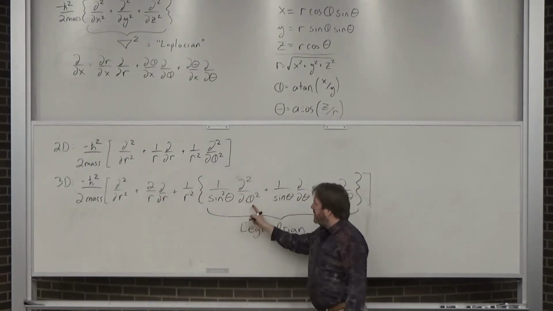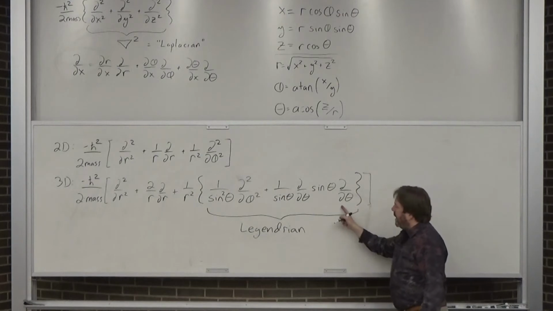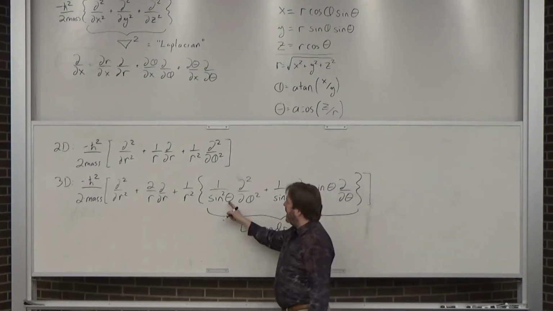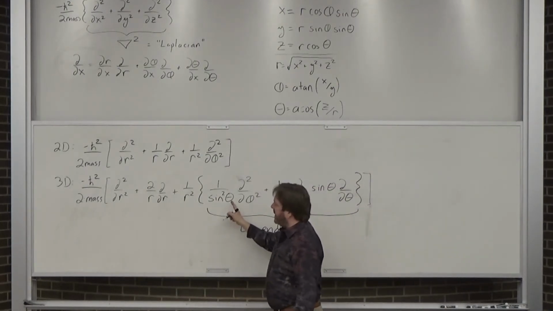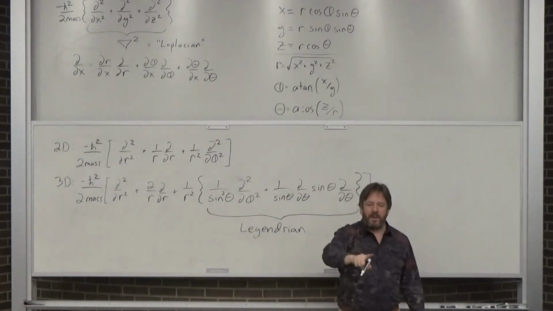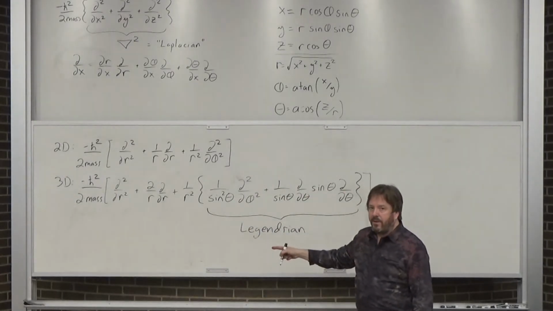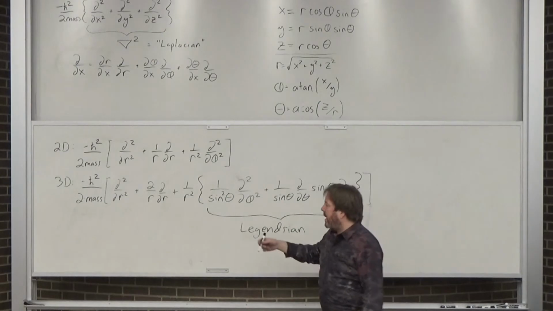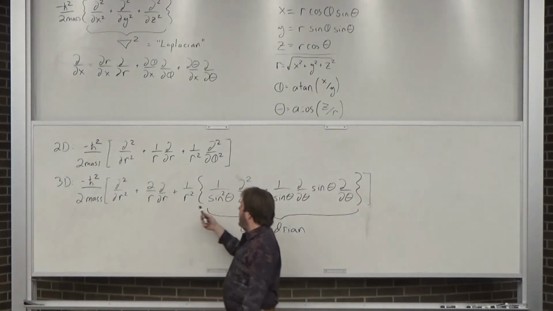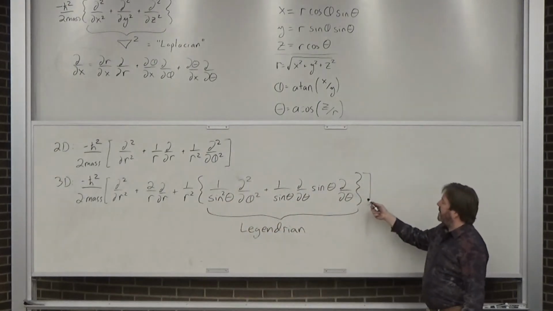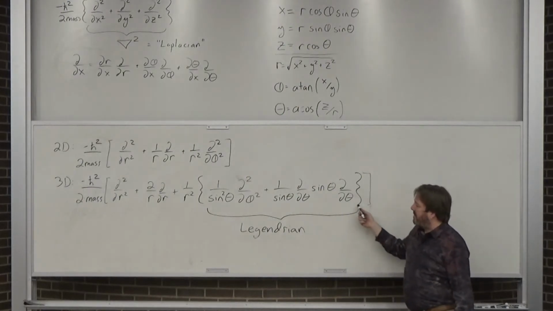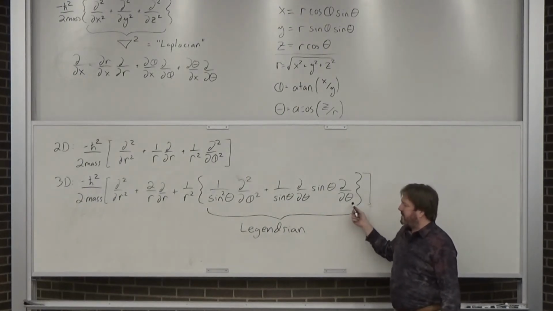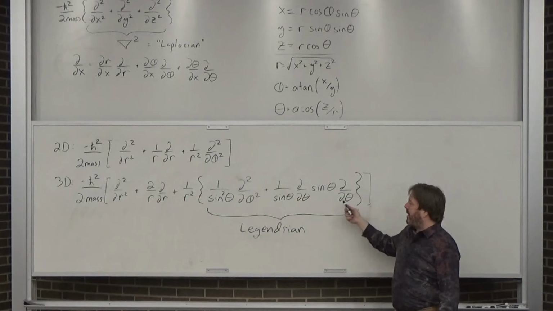Now let's look at this thing. If we're fixing theta to be in the XY plane, theta is 90 degrees, and just like we got rid of r by fixing r, then we would get rid of these terms because theta is fixed. There's no derivative; the derivatives are 0 because you're not taking the derivatives of anything.